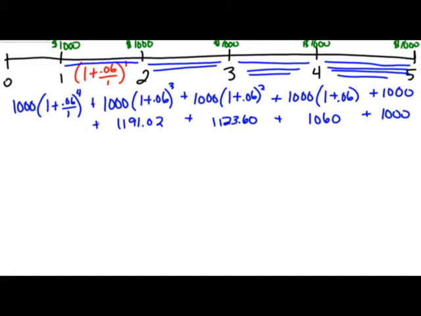And if I do it one more time for this last term to the 4th power, I end up getting $1,262.48. If I add all of these up, I end up getting a final amount of $5,637.10, which, if you recall, was the correct answer of how much money Gaucho would have at the end of the 5 years in his account, right?